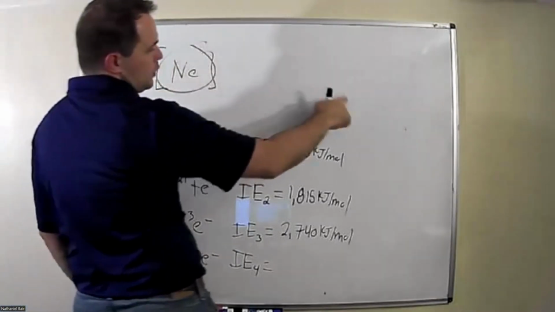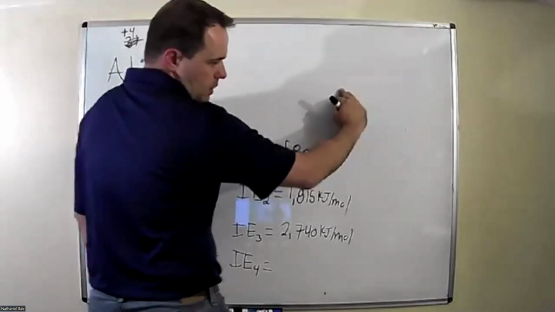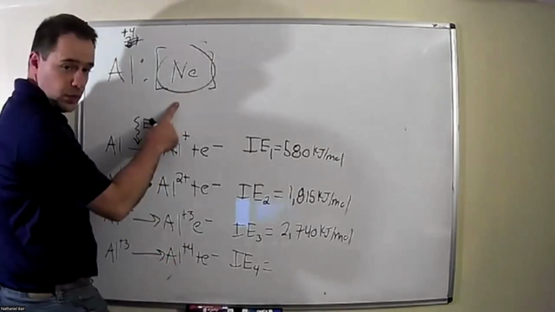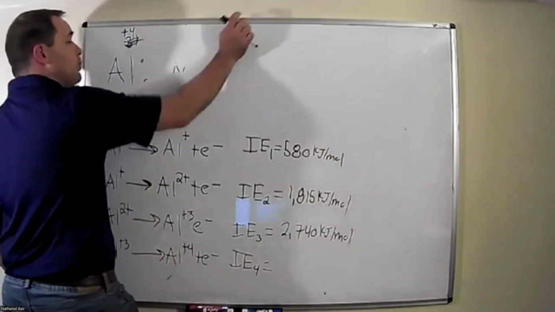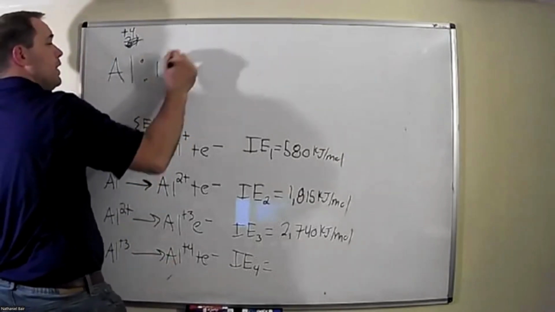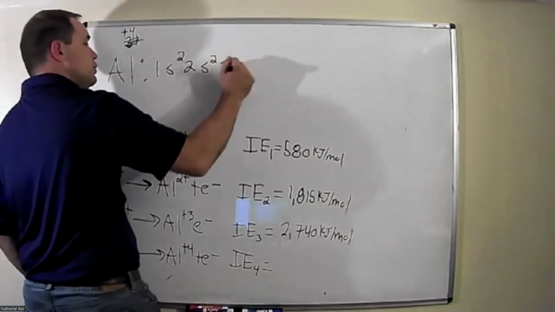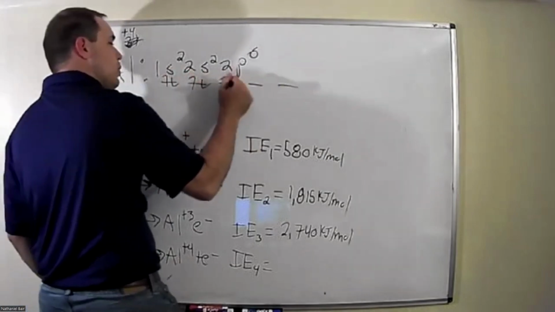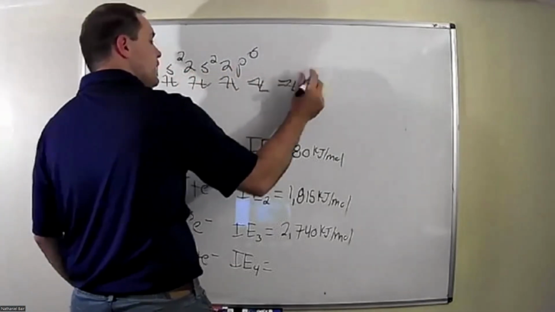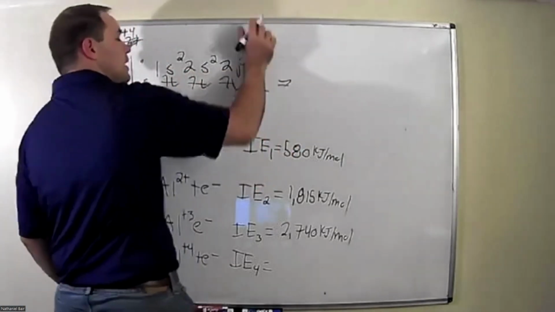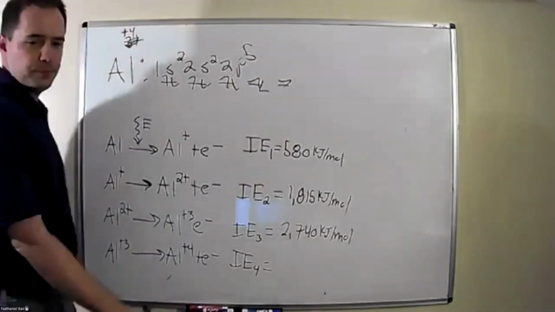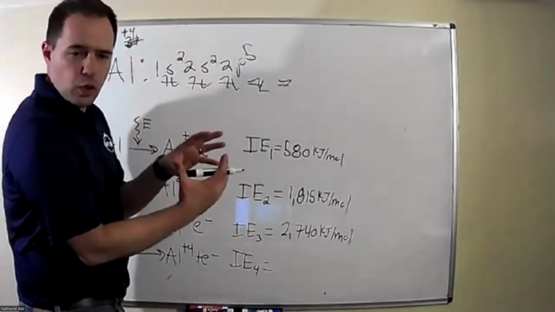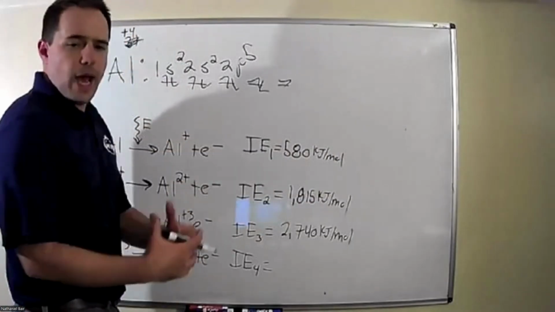Every electron I took so far was a valence electron. But this fourth electron that I would try to take would be a core electron. I now need to dip into the 1s2, 2s2, 2p6 core electrons, and take one of those away and make it a p5.